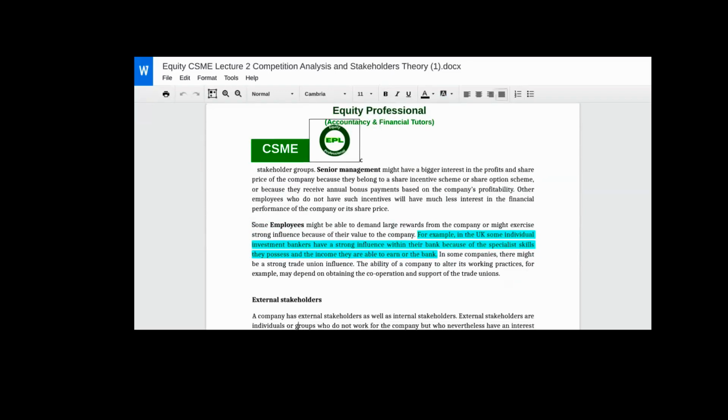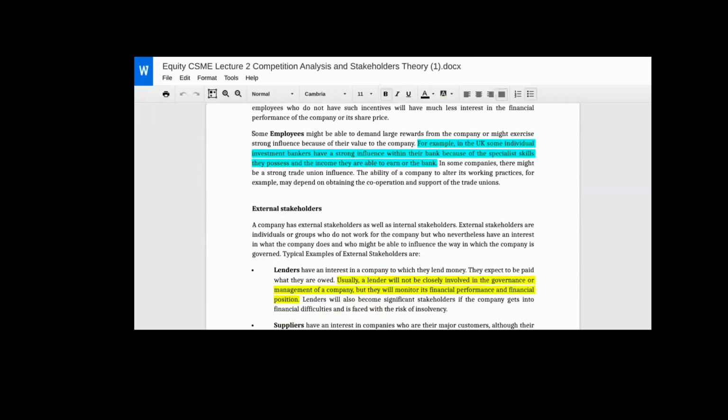So the external stakeholders that we have here, we have discussed this, in case you are just joining or it has escaped your mind. Know that the external stakeholders have limited or no influence on the company. They are the categories of stakeholders that are external to the company. They are not involved in the governance and activities of the company, but they have vested interest in the performance of the company.